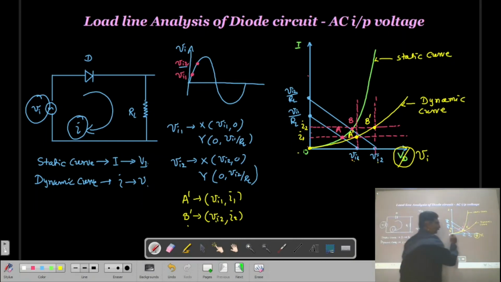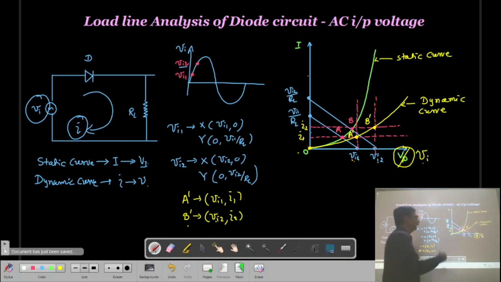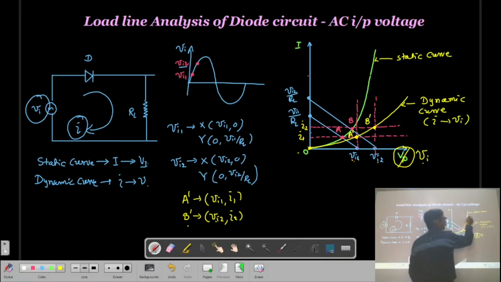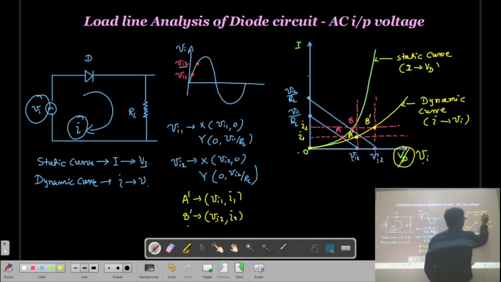So the x-axis is not representing the diode voltage VD, but it is representing VI, and the y-axis is I as it is. So the dynamic curve is current I against the input voltage VI. When you are talking about the static curve, then it is current I against the diode voltage VD.